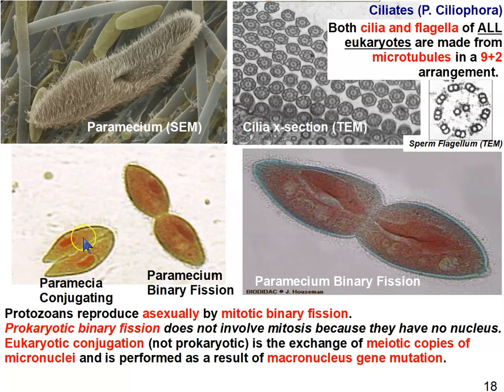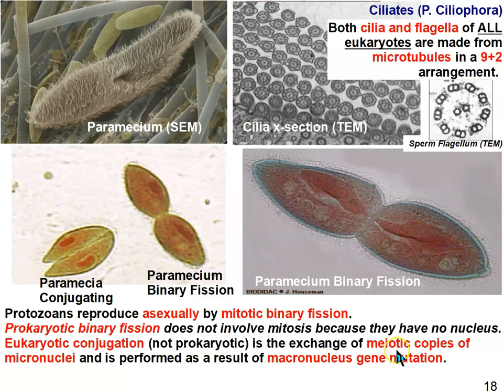Conjugation is what's going on here, and conjugation is different in eukaryotes than it is in prokaryotes. If you'll recall, prokaryotes can also conjugate by forming a pili bridge and passing a copy of their plasmid across a pili bridge.